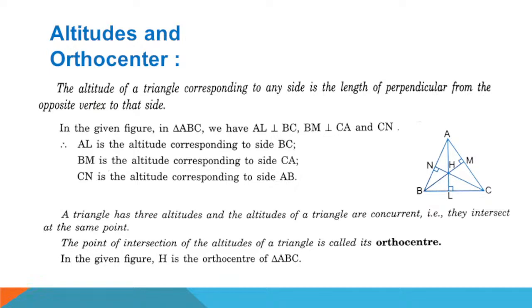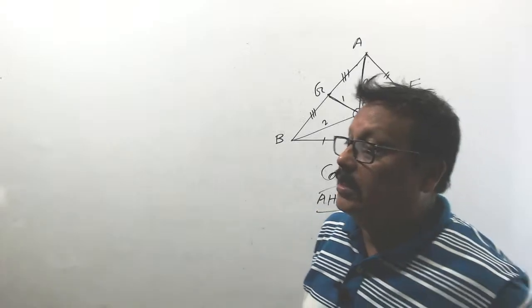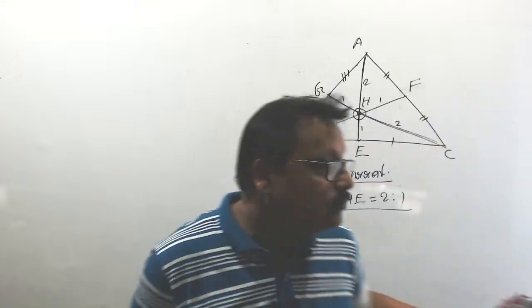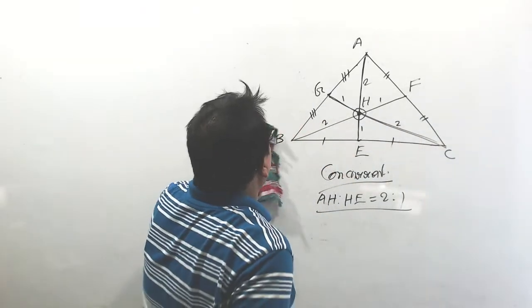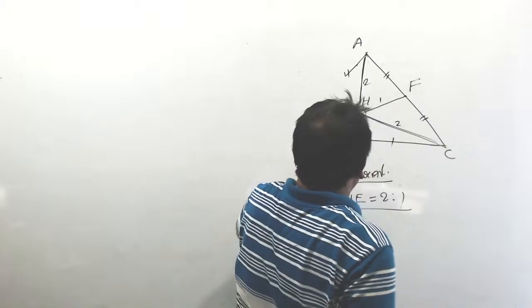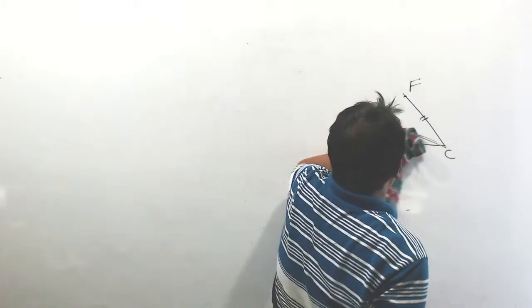What is altitudes and orthocenter? Altitude means what? Perpendicular. I am going very slowly because you have to listen carefully, to understand carefully. Okay.